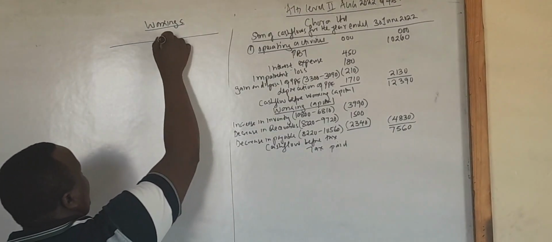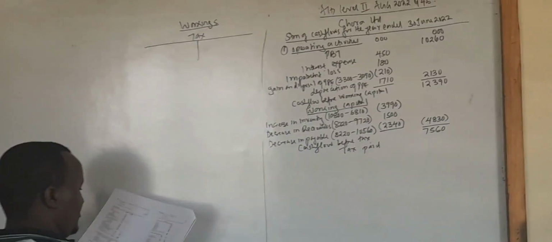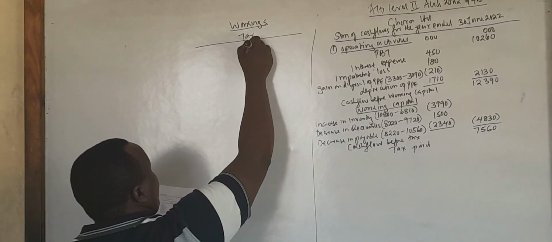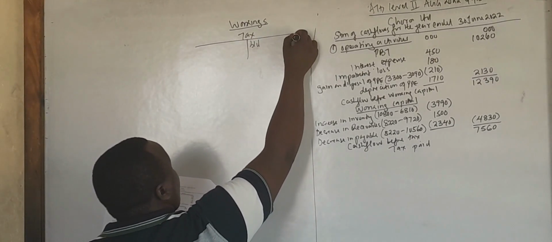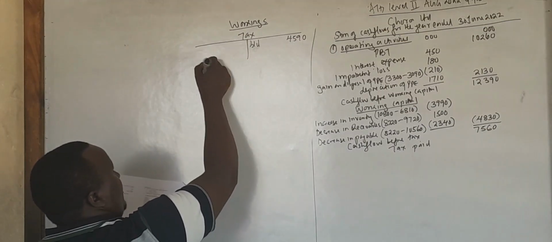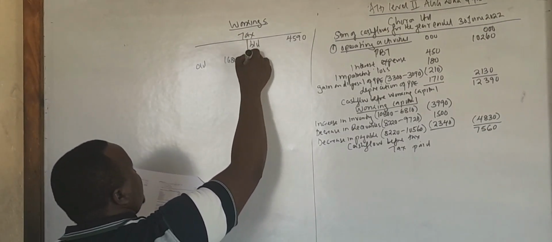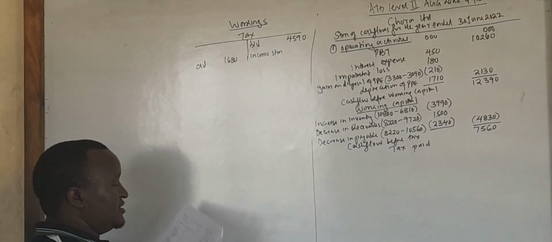Current tax. And you see current tax in note number 2? Yeah, current tax payable. We had a breakdown of 4590. Carry down, it's a liability, that's why we have an opening in the credit. Carry down of income statement. Tax for the year was what?